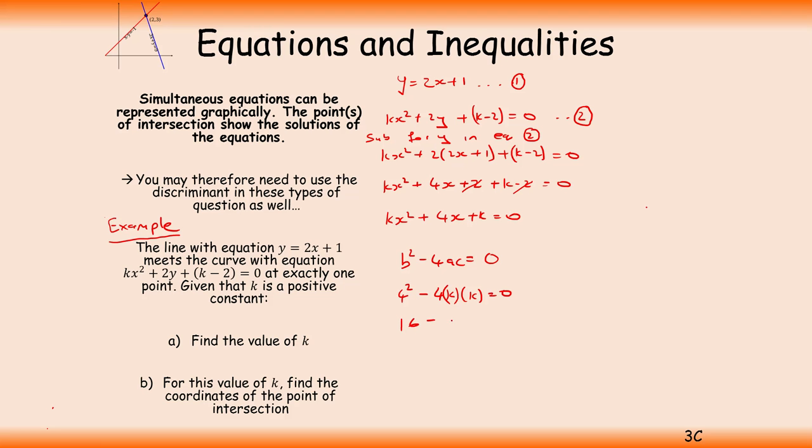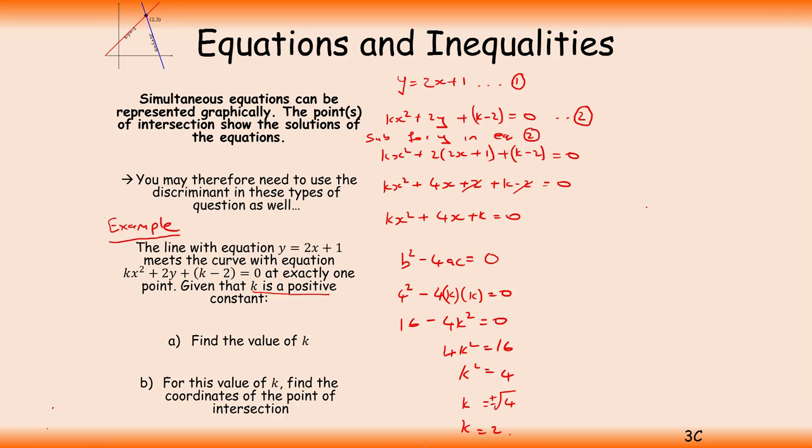So 16 minus 4k squared is equal to 0, which means that if I take that on the other side, I get 4k squared equals 16. k squared is equal to 16 divided by 4, which is 4, and k is going to be equal to the square root of 4, and it's going to be positive or minus, except it's not positive or minus, it's just going to be positive because we're told that k is positive, so k equals 2.